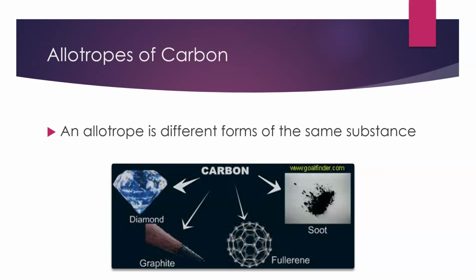All these substances are pure carbon. Okay, so they're all made up of carbon atoms, but the way that they differ is dependent on how they're bonded together. So the key definition that we need to know here is that an allotrope is a different form of the same substance. Okay, so allotropes are different forms of the same substance in the same way that isotopes are different forms of the same atom, remembering they only differ by neutrons.